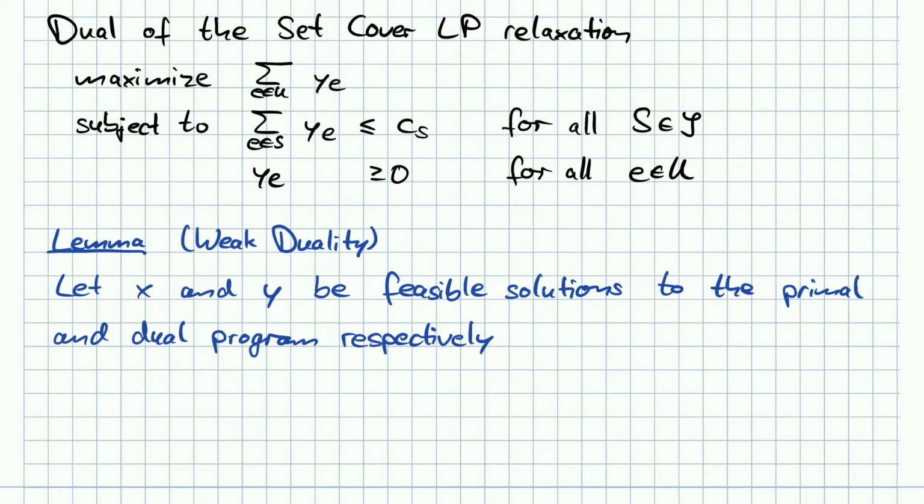And if we have two feasible solutions, one for the set cover primal, one for the set cover dual, then we'll have the following: the cost of the primal solution will be at least the objective function value of the dual solution. So this is the objective function in the dual solution.